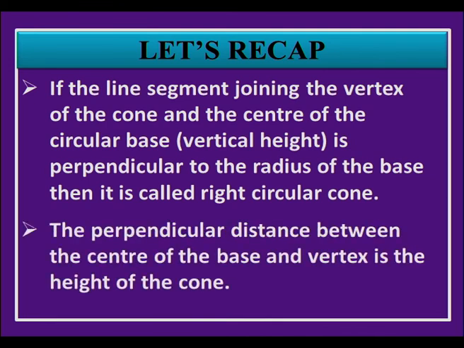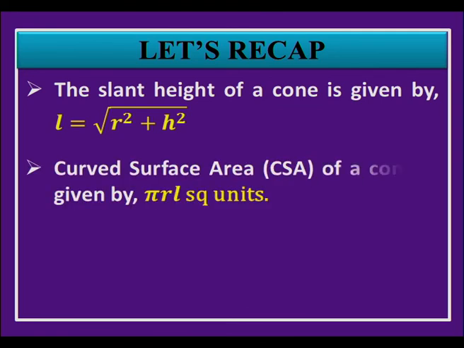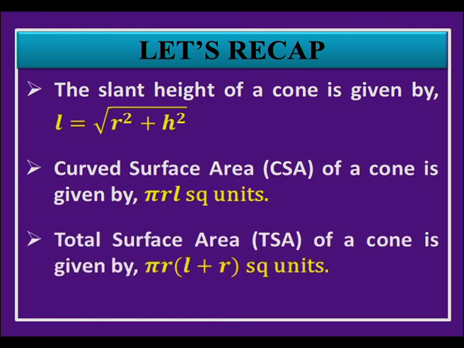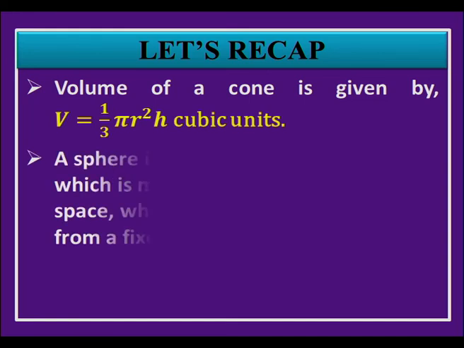The perpendicular distance between the center of the base and vertex is the height of the cone. The slant height of a cone is given by L is equal to root of r square plus h square. Curved surface area of a cone is given by pi r l square units. Total surface area of a cone is given by pi r into L plus r square units. Volume of a cone is given by V is equal to 1 by 3 pi r square h cubic units.